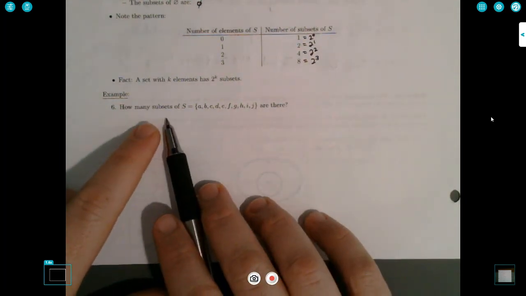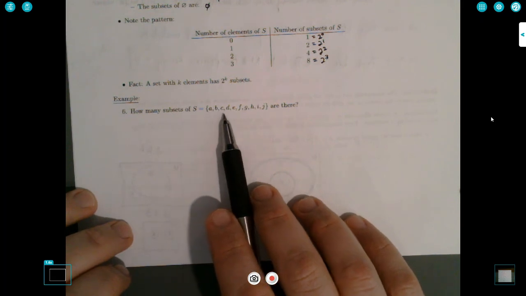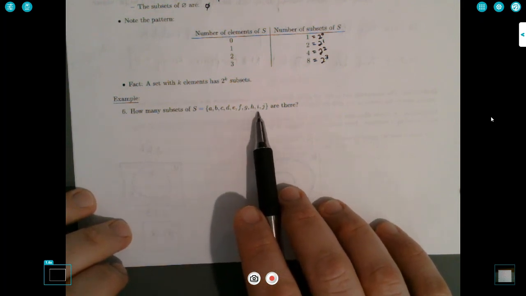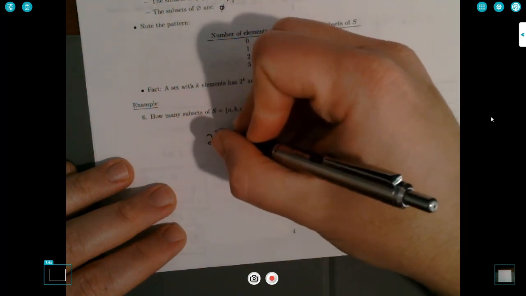This is useful for us. So let's say, for example, that you wanted to know how many subsets of this set there are. How many subsets of the set {A, B, C, D, E, F, G, H, I, J} are there? Well, that's easy. You count up the number of elements: 1, 2, 3, 4, 5, 6, 7, 8, 9, 10. And so you say there are 2 to the 10th subsets. What is 2 to the 10th?